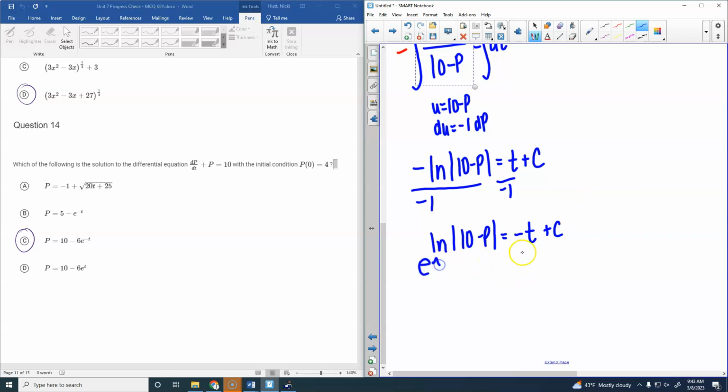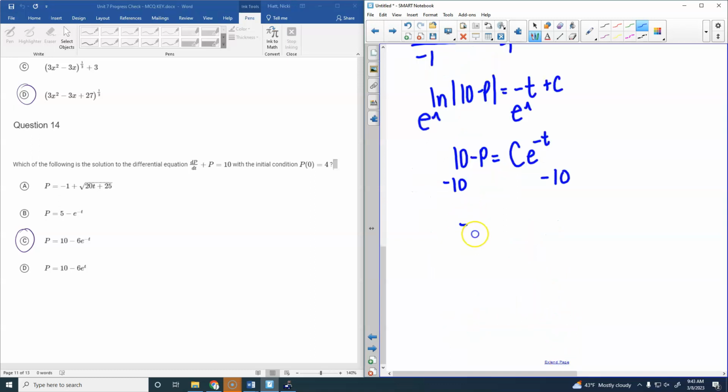You've got e to the power, e to the power. So 10 minus P is going to equal c e to the negative t. Subtract 10: negative P equals c e to the negative t minus 10. Divide by negative 1. C kind of absorbs that there. We've got c e to the negative t plus 10.